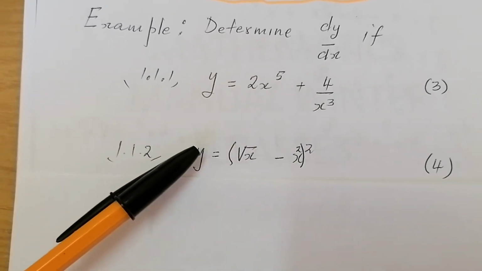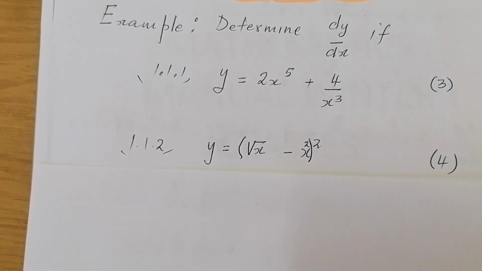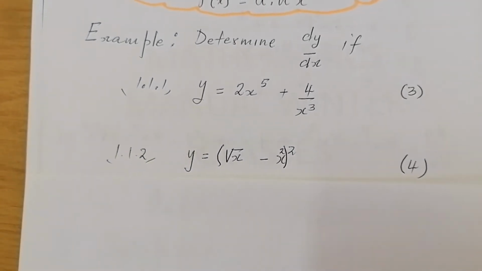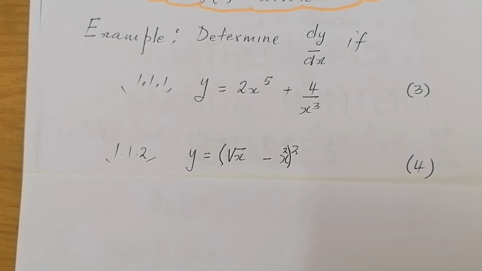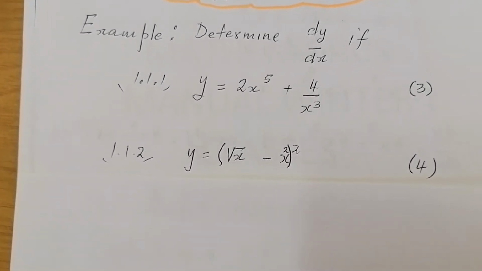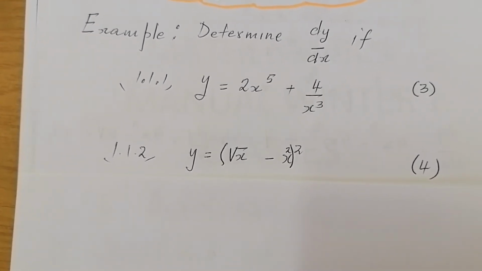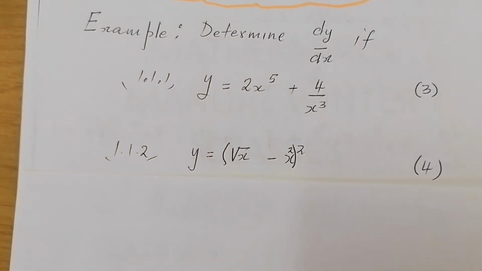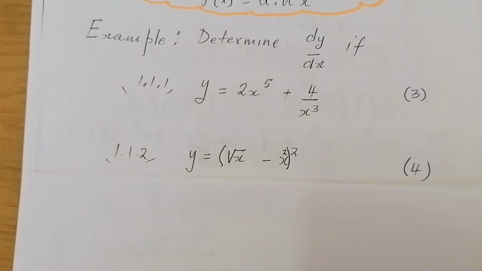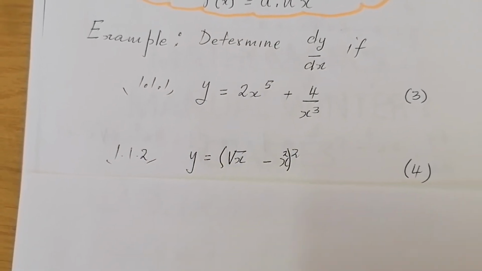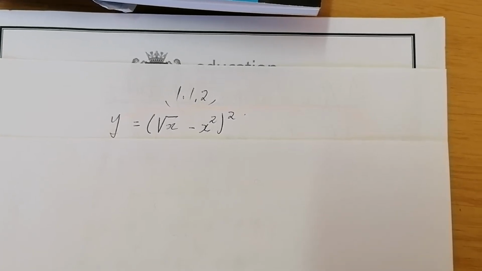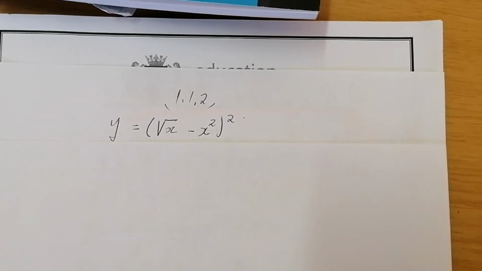Now, remember that in the rules for differentiation, we said when you have a product, before you differentiate, make it a point that you multiply the two. Then you differentiate the answer, which is the product.